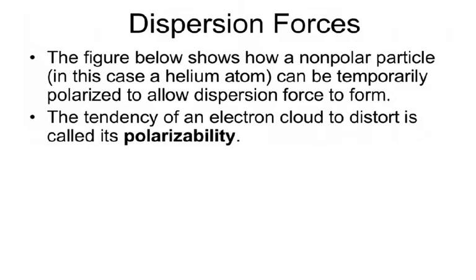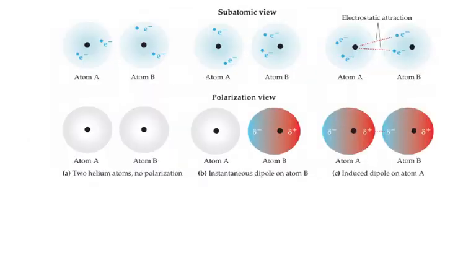I'm going to show you an example using helium. So on the left, you have two helium atoms labeled atom A, atom B. And notice that the two electrons that helium possesses, they're just randomly moving around. But look what happens when you get to the middle diagram. Notice in atom B that for a split second, as the electrons are randomly moving, they go to one side of the electron cloud and not the other.